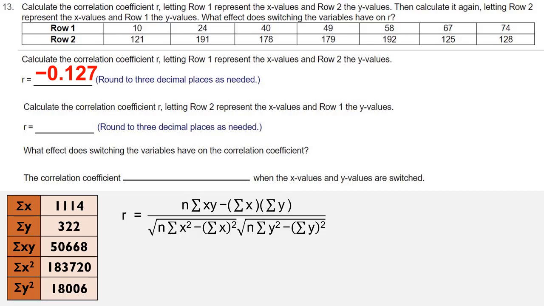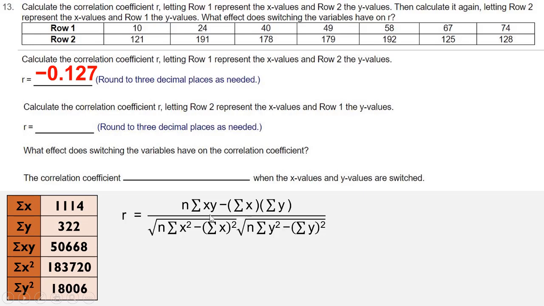In the denominator, the first square root had n times the sum of the x squareds minus the sum of the x's squared, and the second square root had n times the sum of the y squareds minus the sum of the y's squared. All that happens when you switch your x's and y's around is the square root that we had on the left originally will be on the right, and the square root that we had on the right originally will be on the left.